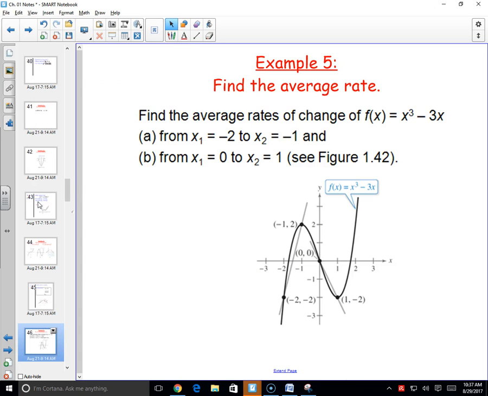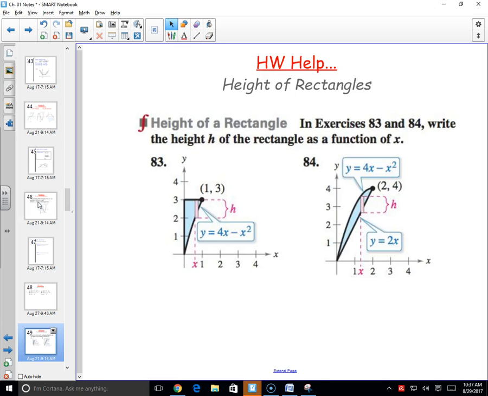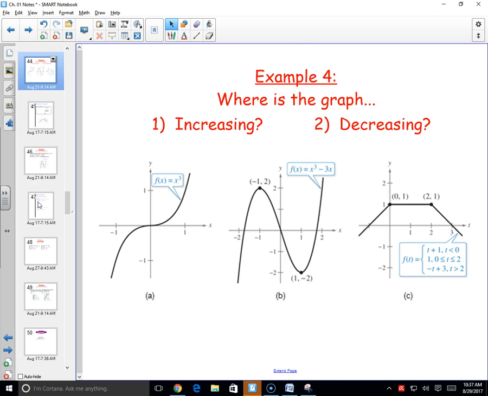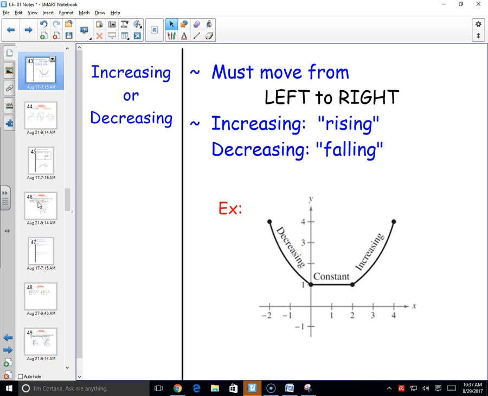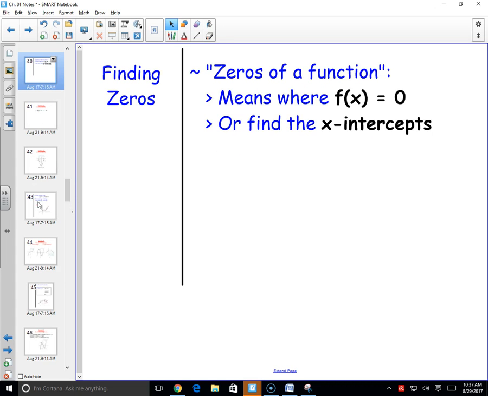No word problems. Maybe something a little bit at the bottom or at the end. But actually a lot of it is review. Even and odd has to do with symmetry. Interval notation has to do with inequalities. Zeros, well, we've done that already also. So 1.5 should go fast. Please, please, please look at 66, 68 again tonight.